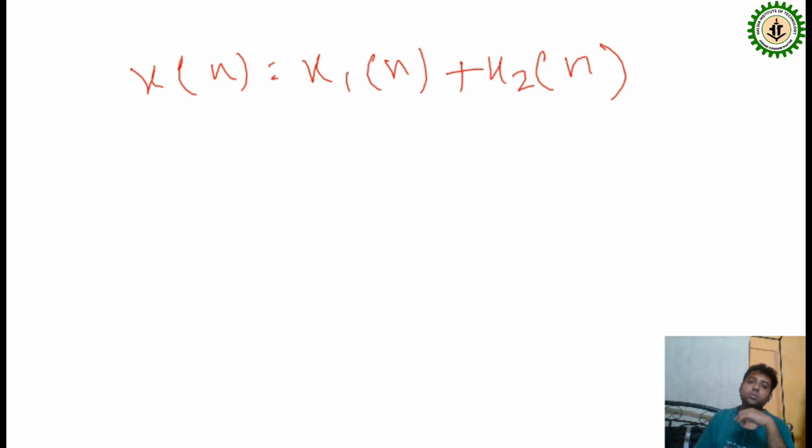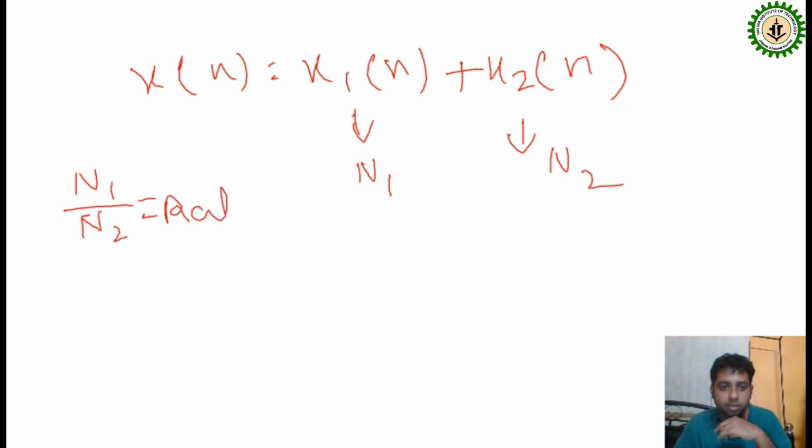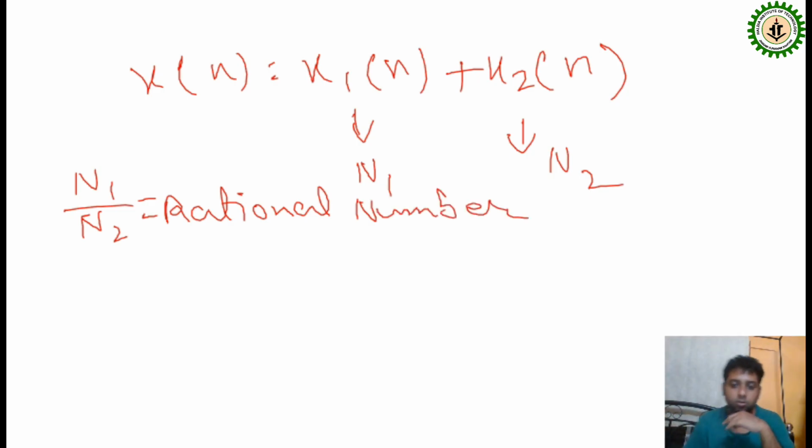For that, the process is that first we need to find the fundamental period of x1[n], that is N1 we are considering. Similarly, the fundamental period of x2[n], that is N2. Now for the signal to be periodic, the ratio N1 by N2 must be a rational number. If N1 by N2 is a rational number, then the signal is said to be periodic, otherwise not.